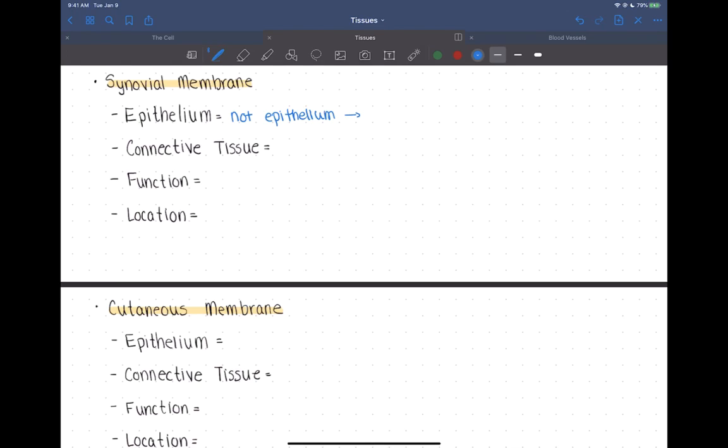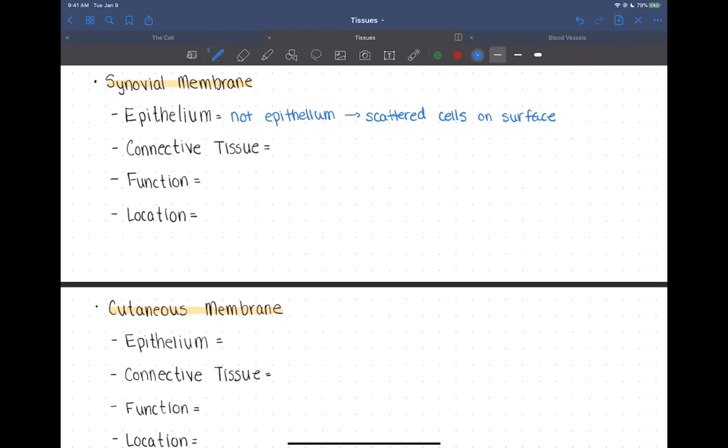And remember, a characteristic of epithelium is they have to be tightly packed cells. So these cells are scattered. So they aren't actually a true epithelium. All right. But it does contain some cells and they're scattered on the surface. All right. So scattered cells on the surface.